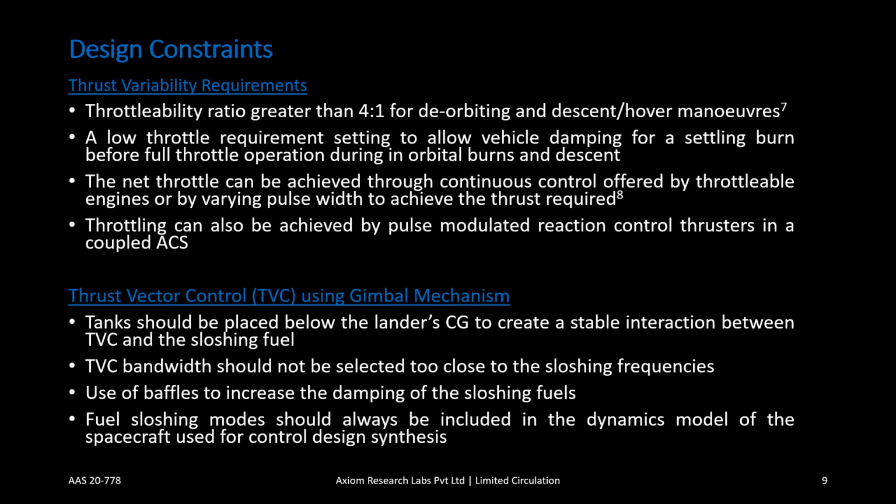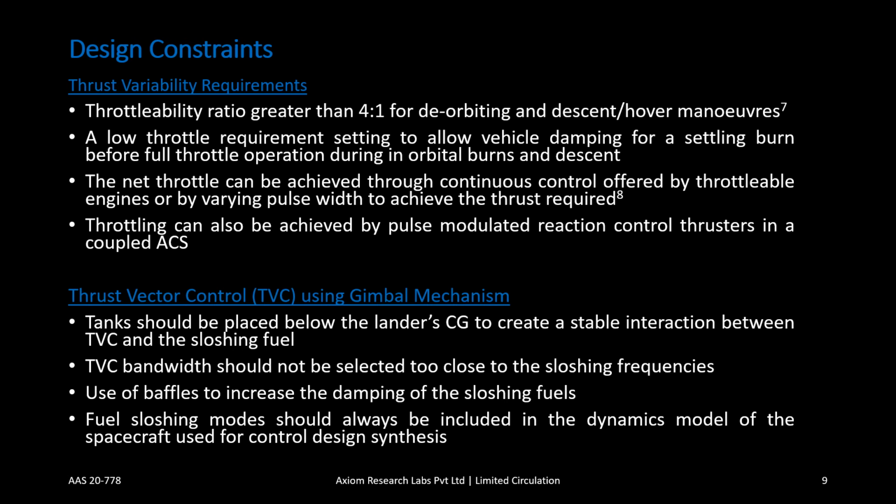We also consider the thrust variability requirements. According to one reference, the ratio is to be 4:1 or more, and the thrust range could be achieved either by throttling itself or mimic throttling through reaction control thrusters.